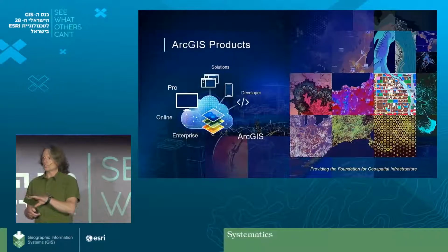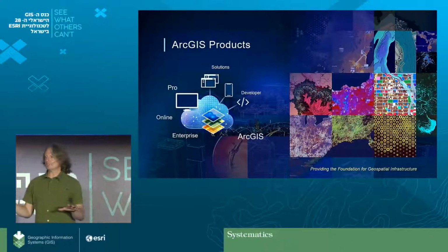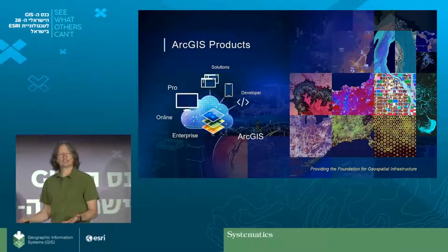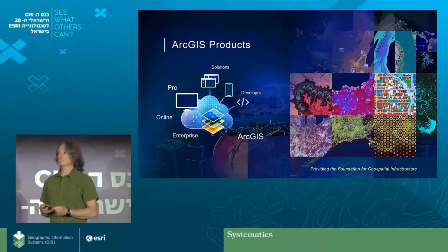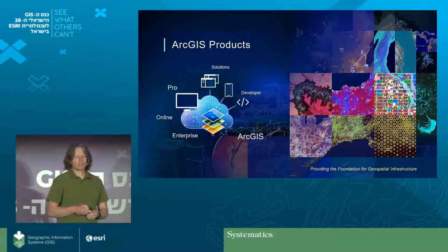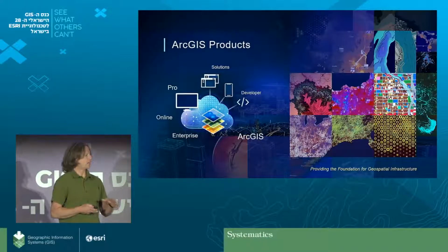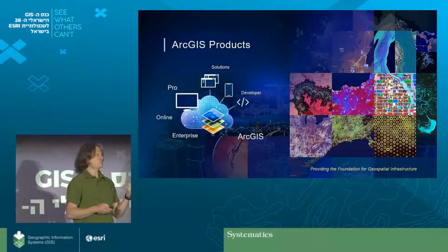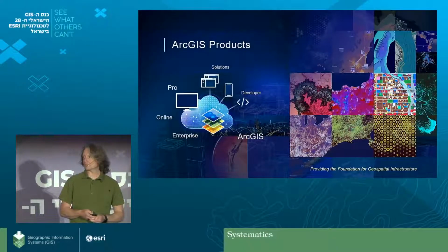So that was a very quick look at some of the generic capabilities that the teams have been working on. But these capabilities are realized in applications and products that you use every day. We've got Enterprise for on-premise back-end operations. We've got Online for software as a service, where it's just ready to use. All you need is your web browser.